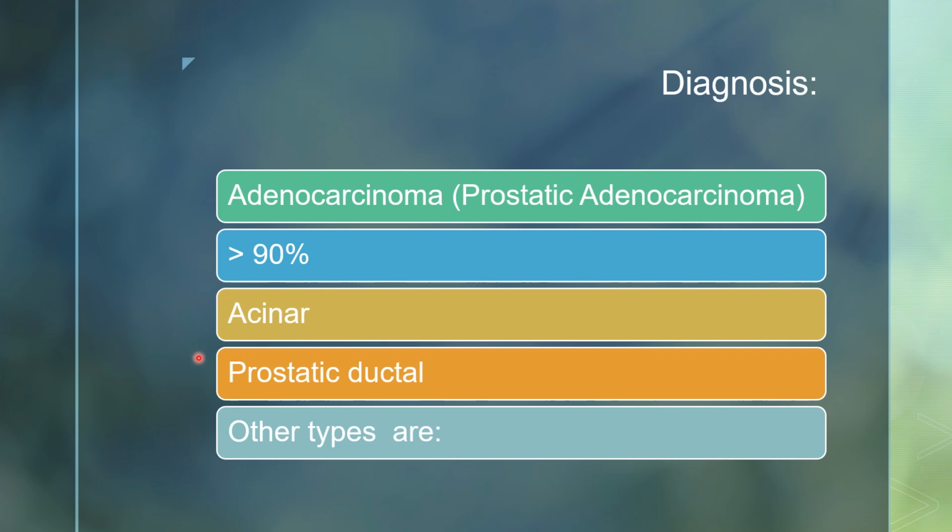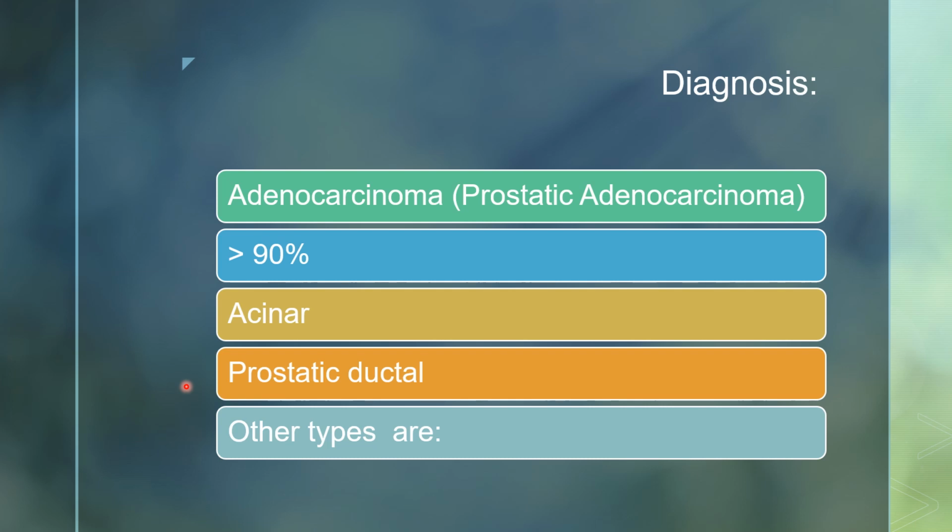Now, another reason is that you may not have only that, you might have other types present as well, right? But in the case of prostatic ductal adenocarcinoma, something is different. It's less common compared to the acinar, right? But it is more dangerous.